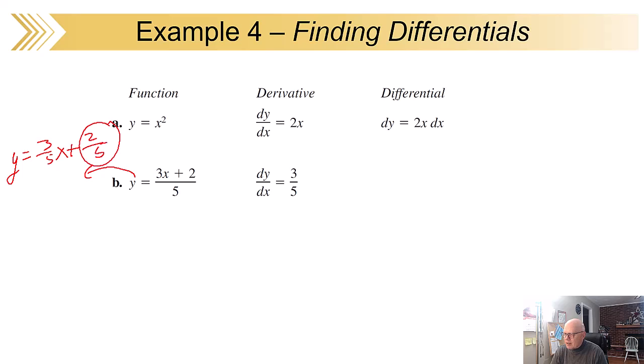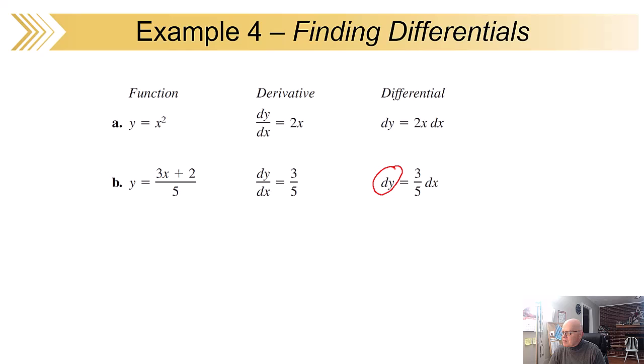And there you've got a constant, and there you've got 3/5 x, and the derivative of the x alone is 1. And the differential, just multiply both sides by dx, and you got your differential. And you'll very quickly get an estimate for what delta y is by just using dy.